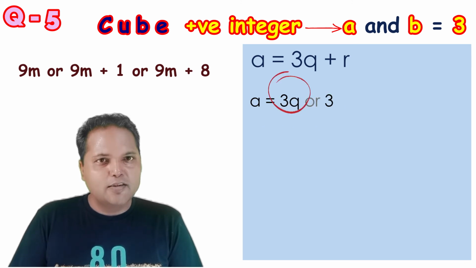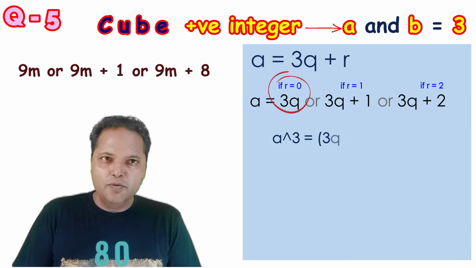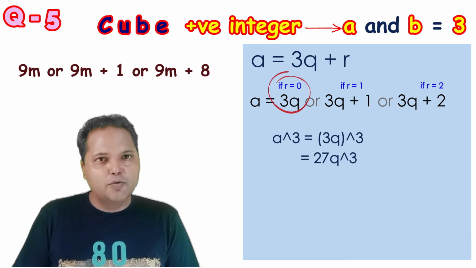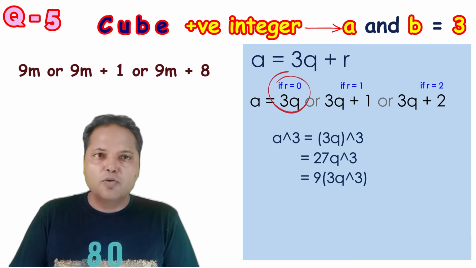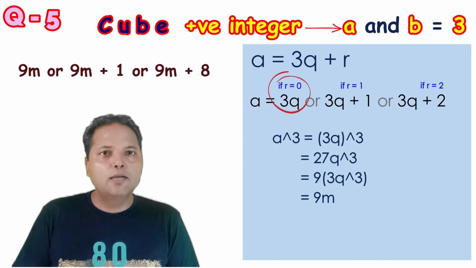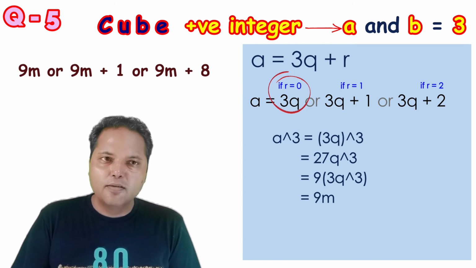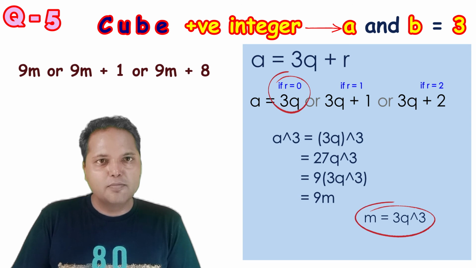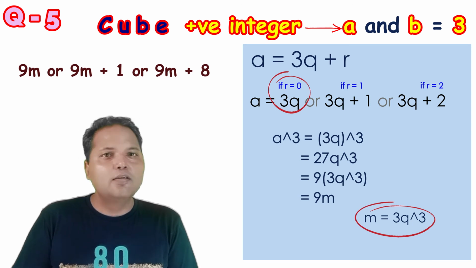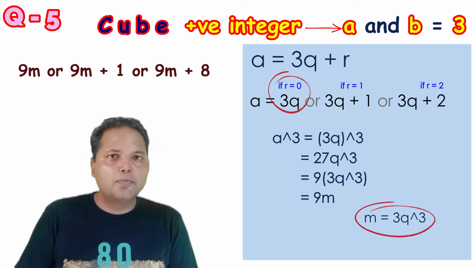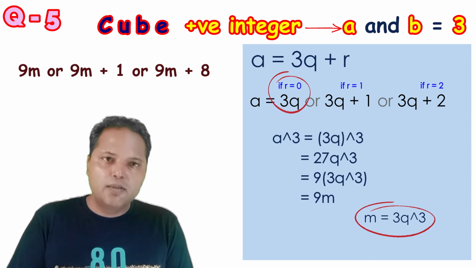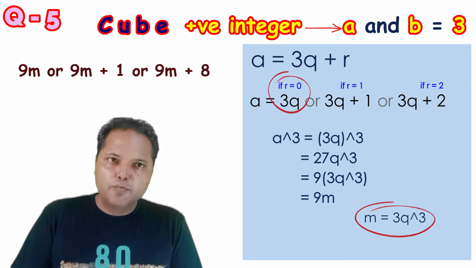And now let us consider the cases of a cube. चलिए तो पहला केस लेते हैं और वो बनेगा a cube is equal to 27q cube, और उसको हम लोग सिंप्लीफाई करते हुए इस तरीके से लिख सकते हैं, and it will be 9m, where m is some integer because q is also an integer, और उसका कोई भी एडिशन मल्टीप्लिकेशन का फंक्शन हमेशा इंटीजर ही बनेगा. So we have proven the first case.